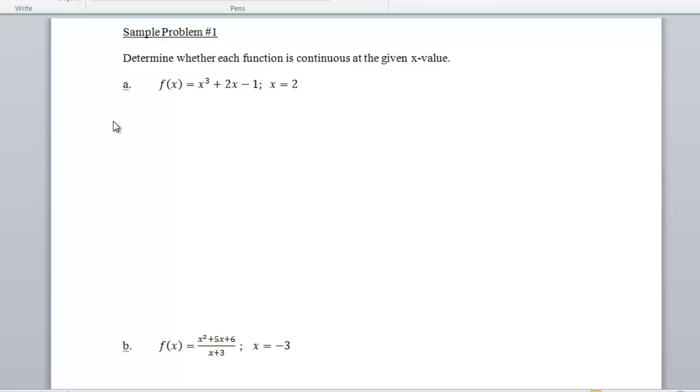Okay, so I'm going to start with our first test of continuity, and that's to determine if the value is defined, if the function is defined at the value. And so here we have a cubic function, and we want to see if it's defined at x equals 2. And so what we'd basically do here is simply evaluate this function at 2.